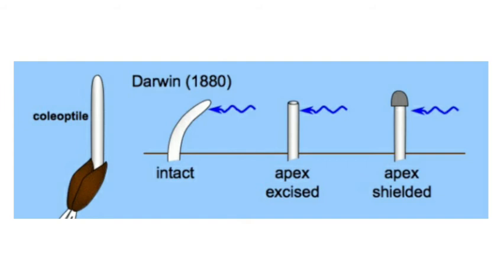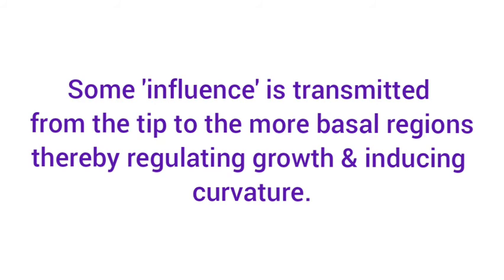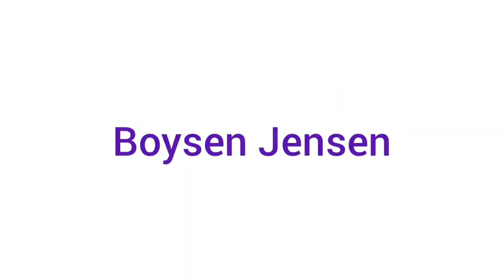Removing the tip or covering it with foil meant that the shoot would no longer bend towards the light. Covering the elongating part of the shoot did not affect the response to light at all. So Darwin concluded that some influence is transmitted from the tip to the more basal regions of the shoot, thereby regulating growth and inducing curvature.